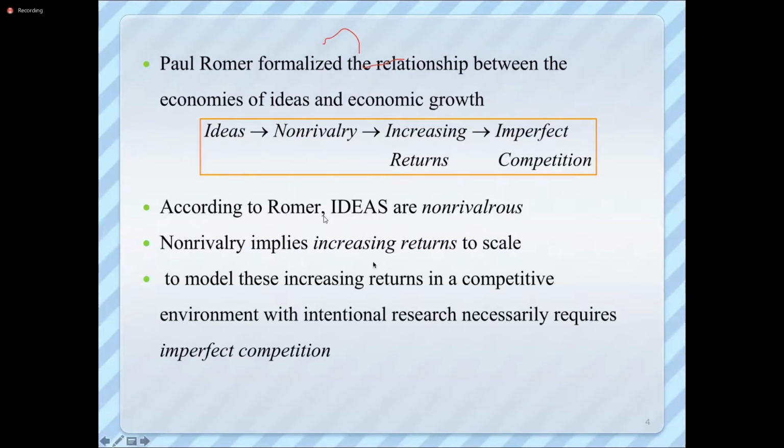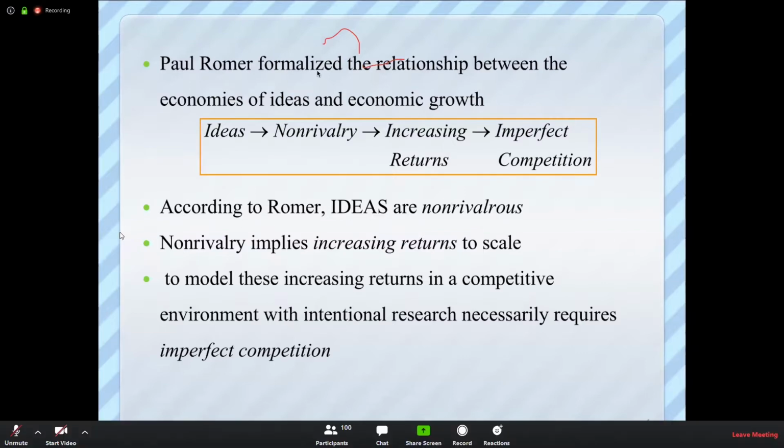He says that the first thing to understand about ideas is non-rivalry, right? When we look at goods, we can divide them into non-rivalrous or rivalrous. He says an idea itself is non-rivalrous.